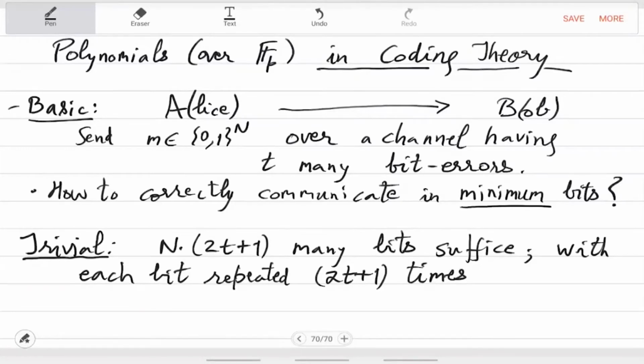And so in this case, the encoding is just copying, and the decoding for Bob is just majority vote.